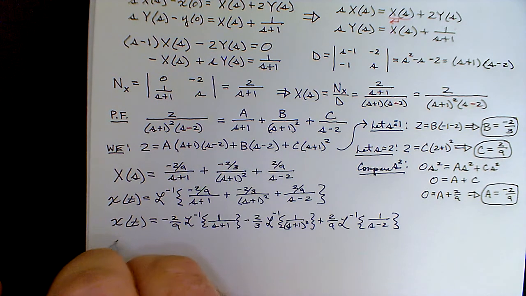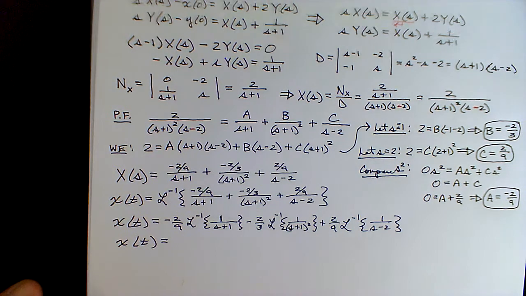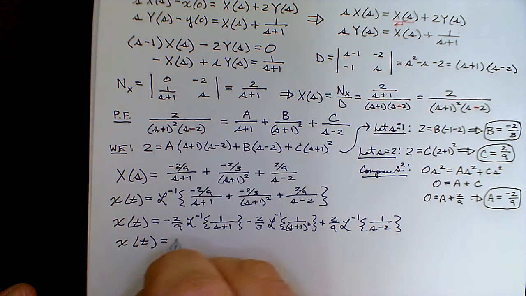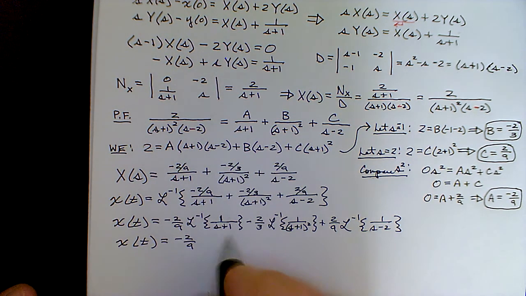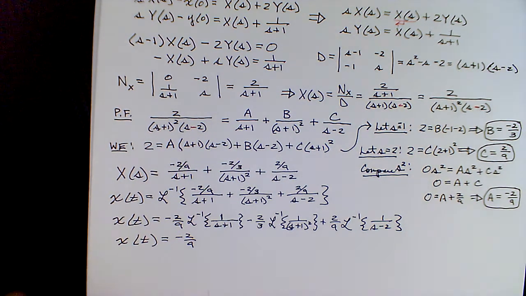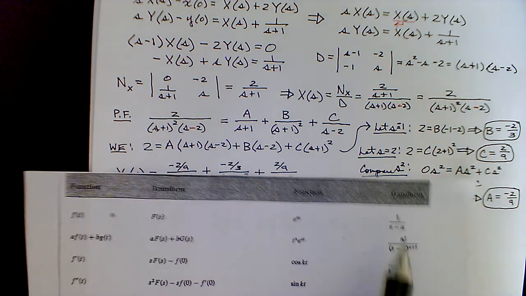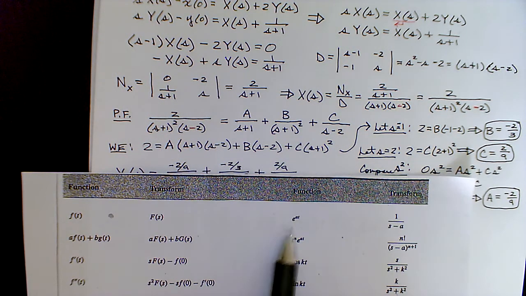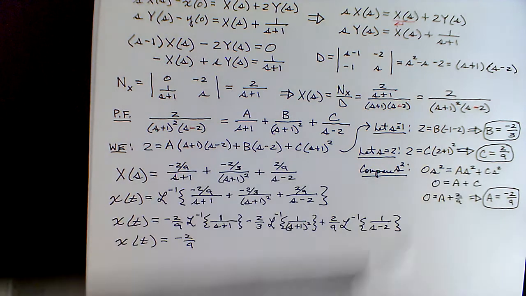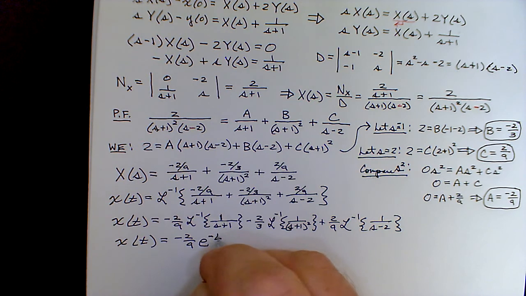And so x of t then is equal to, so we have minus 2/9, and again this one should be familiar by this point. 1 over s minus a converts to e to the at, so that's a familiar one. So a is negative 1, so e to the negative 1t, or just e to the negative t.